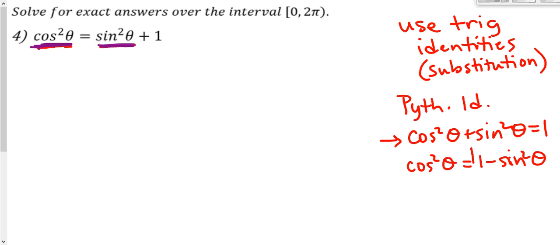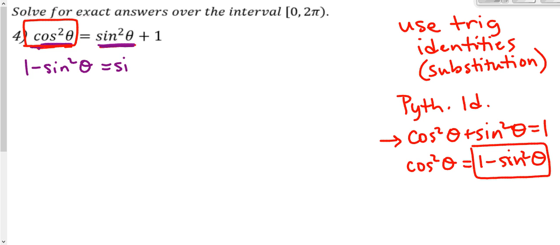And so I take 1 minus sine squared theta and I substitute it in my equation where I have the cosine squared theta. So here's what we have now. We have 1 minus sine squared theta equals sine squared theta plus 1. Okay? So we met the goal of changing everything into sine squared thetas. Now we can keep simplifying and solve this equation.